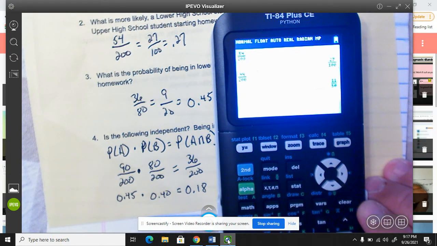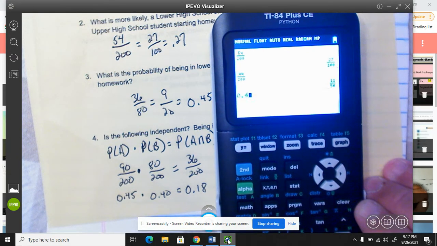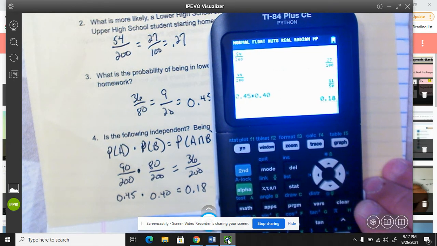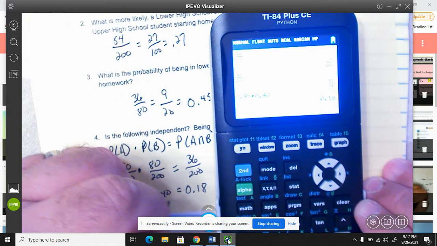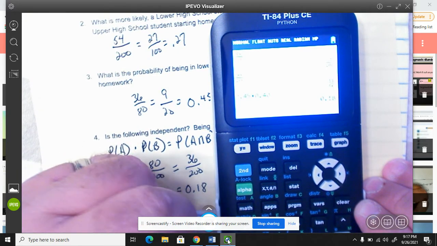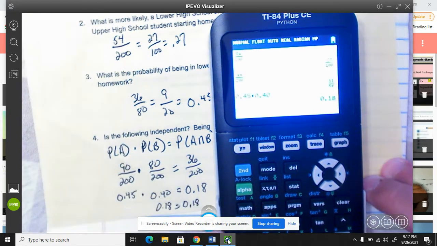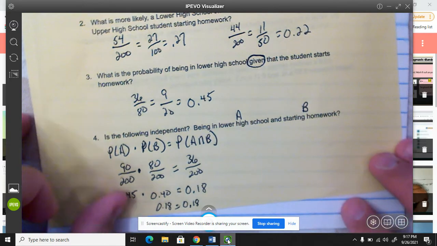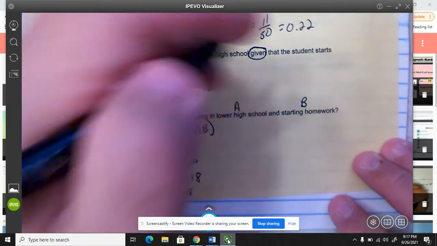All right. So 0.45 times 0.40 equals 0.18. So do they equal one another? Yes.